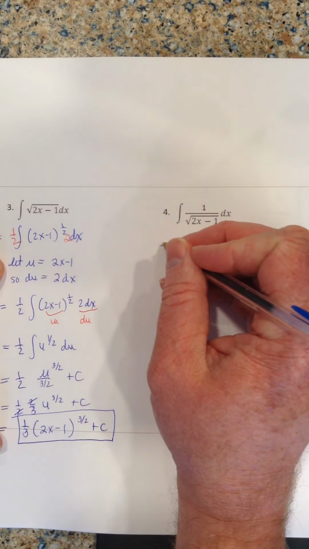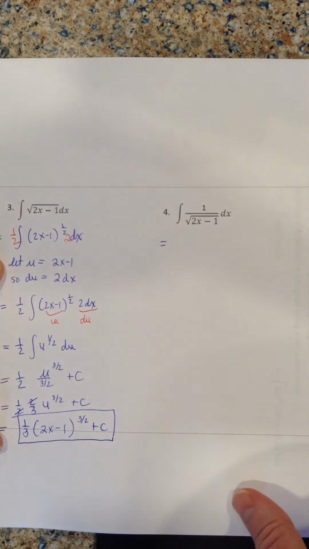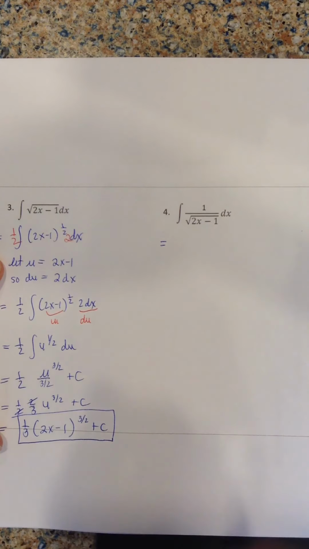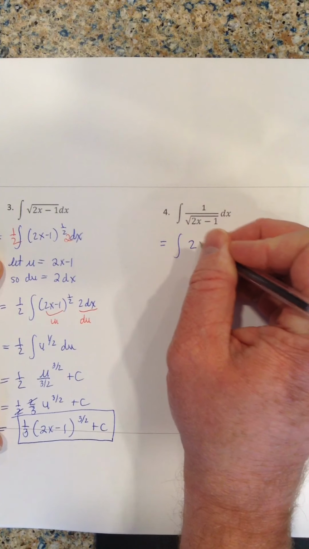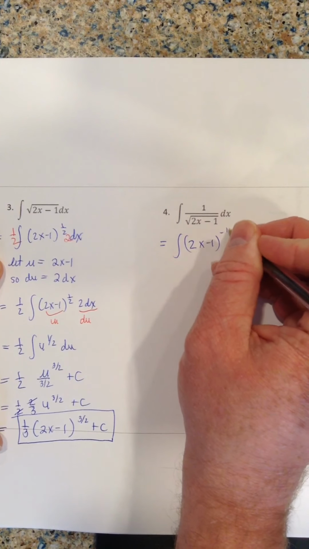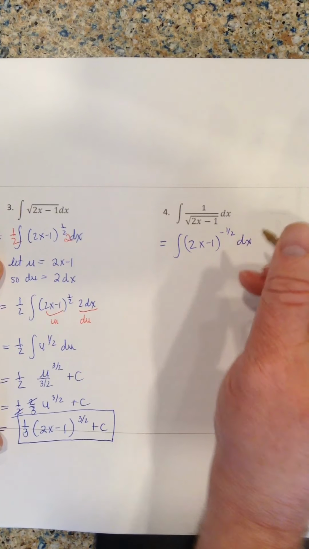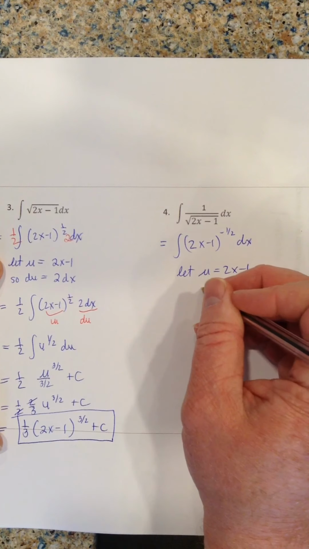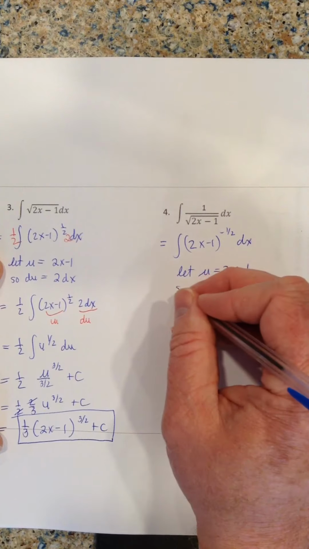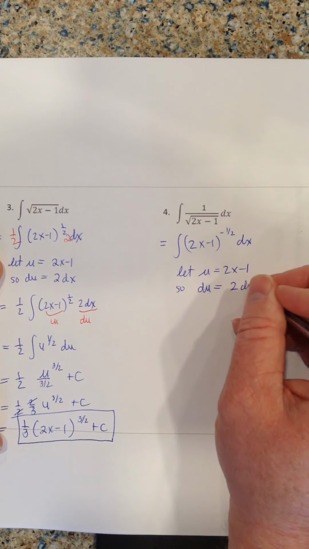I'm going to rewrite this one as (2x minus 1) to the minus 1/2 dx. I'm going to let u equal 2x minus 1. So du is going to equal 2 dx.